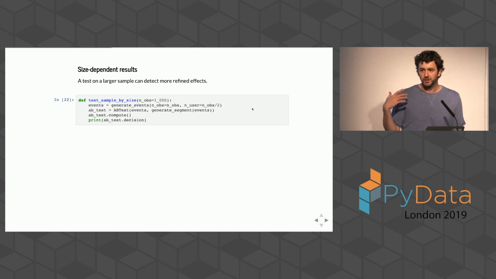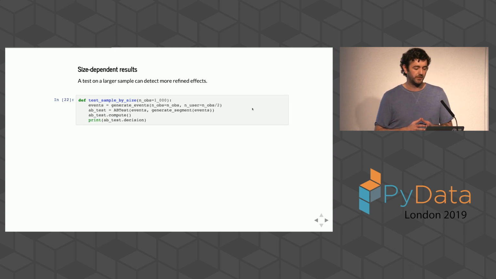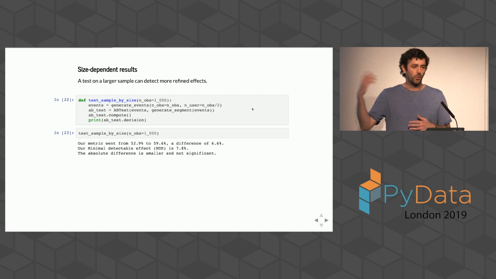Okay, so as we talked before about what is the minimum difference that you can measure given your sample size, here are some practical examples with this specific metric. This will not give you exactly always the same result, but you can get an idea. If you have 1,000 observations, you can measure a difference of 7.8%.